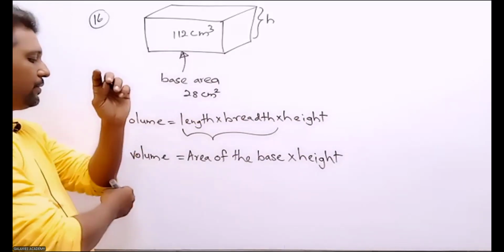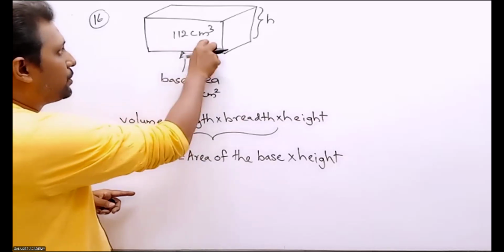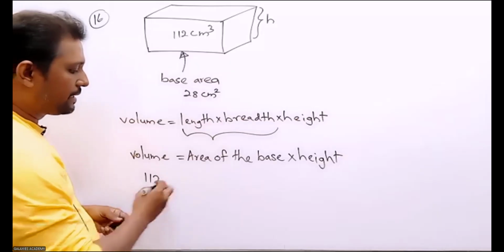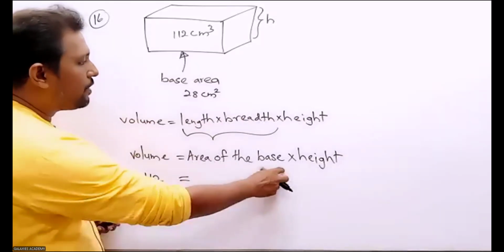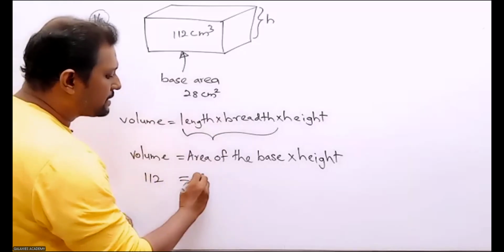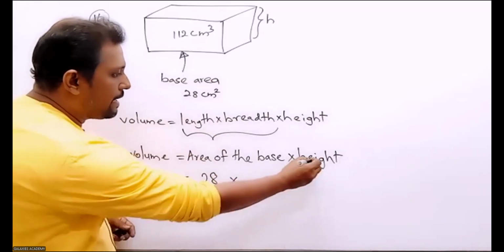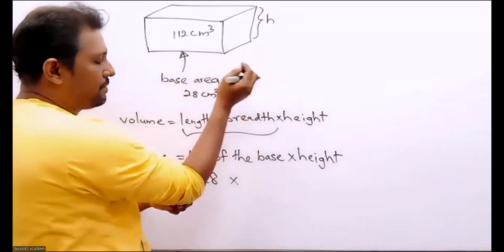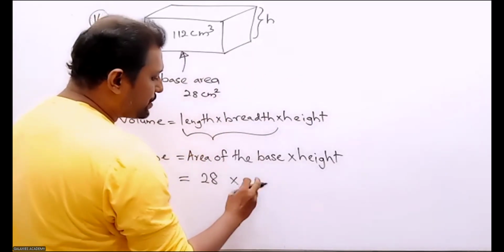Then what can you do? The question gave volume 112 cubic centimeters and also area of the base 28 square centimeters, and height we don't know, we have to find it, so I can substitute it as h.